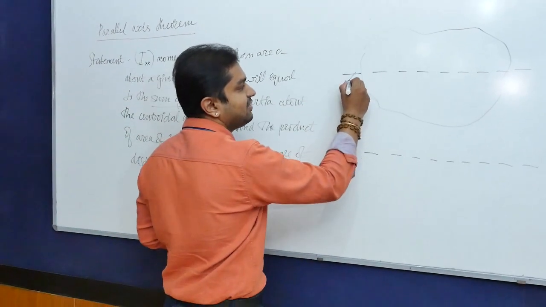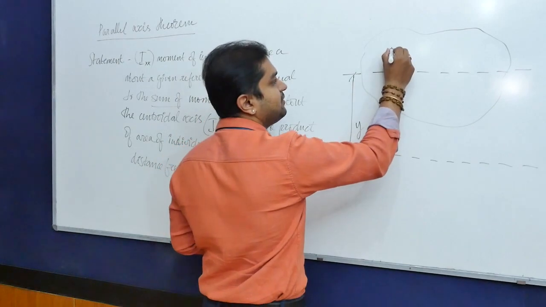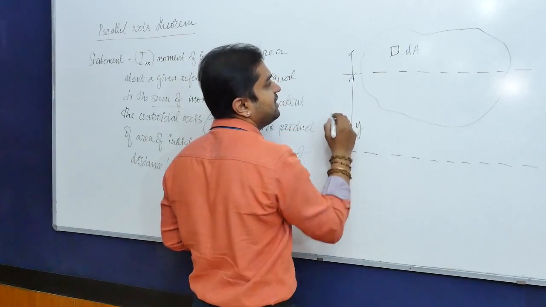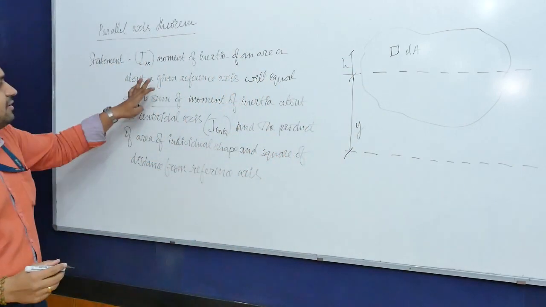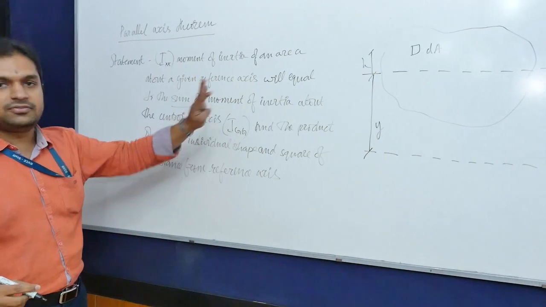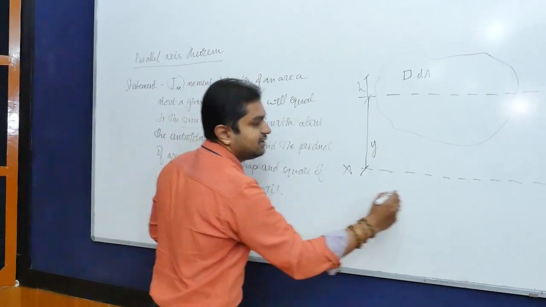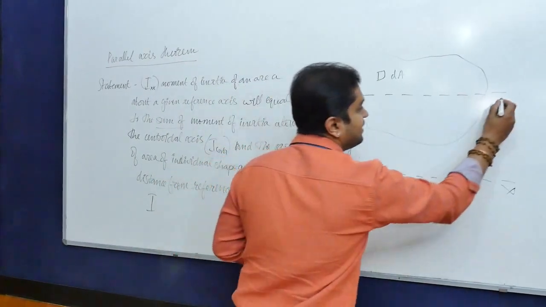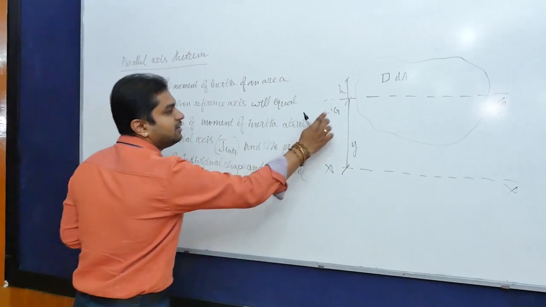So if this axis is situated at a distance of y, and there is an elemental strip which we are considering here at a distance of h, then the theorem says it is the sum of different terms. Here IXX is for the reference axis at the base, and IGG is for the centroidal axis.